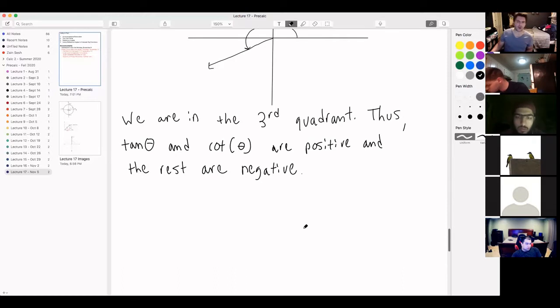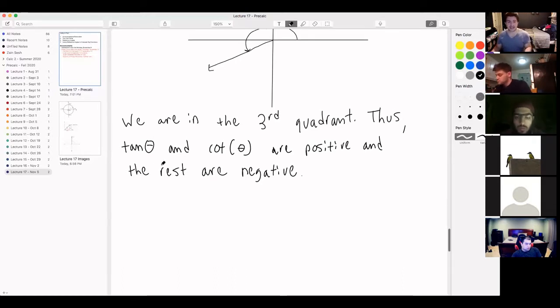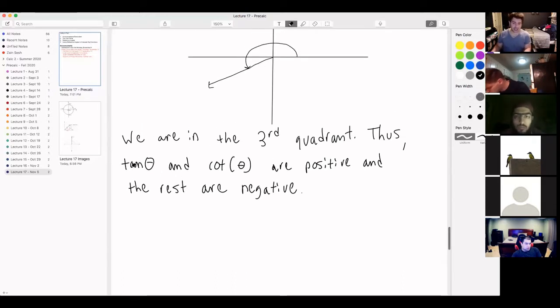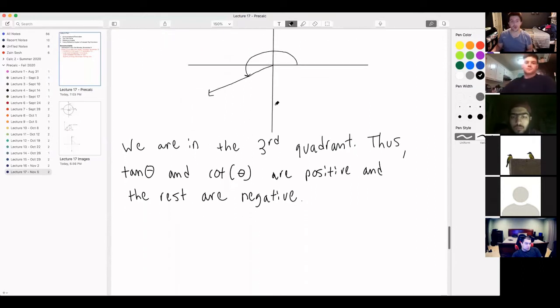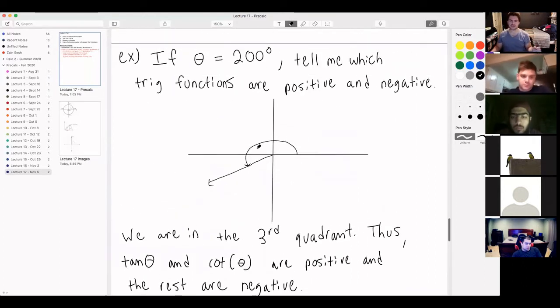Good, so just make note, when I say they're positive, it means that when I apply tangent to 200 degrees and when I apply cotangent to 200 degrees, the output of the functions will be a positive number. That's what it really means when I say that they're positive. It means their output will be positive. Okay, excellent. So any questions here?